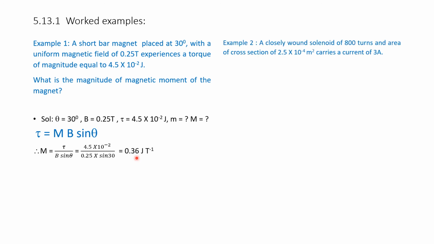Example number 2. A closely wound solenoid of 800 turns and area of cross section of 2.5 into 10 to the power of minus 4 meter square carries a current of 3 amps. Part A. Explain the sense in which the solenoid acts as a bar magnet. What is the associated magnetic moment?